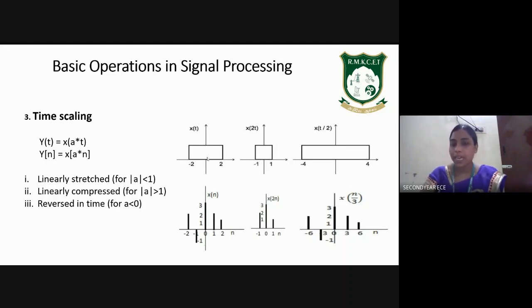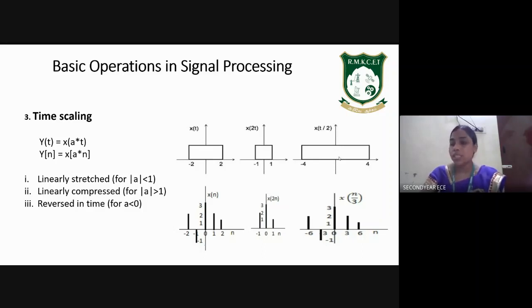The same signal, with the independent variable multiplied by a constant 2, gives a compressed version. There is no change in amplitude. You see here, the amplitude is the same. There is change on the x-axis only. It may be compressed, it may be expanded.